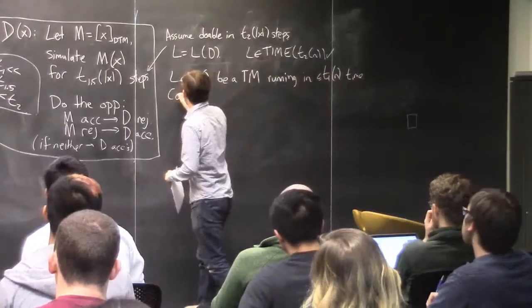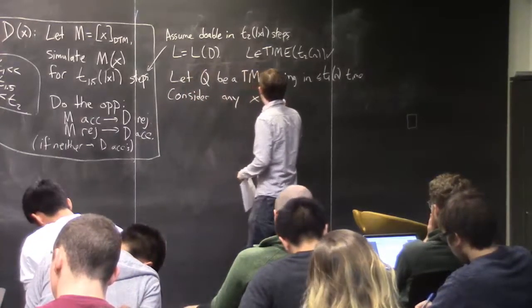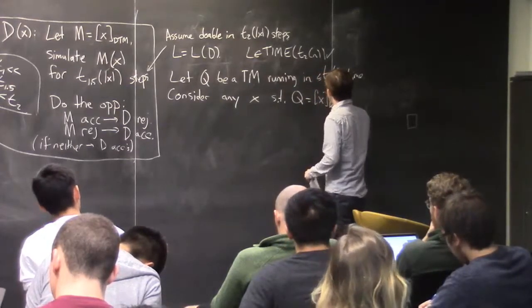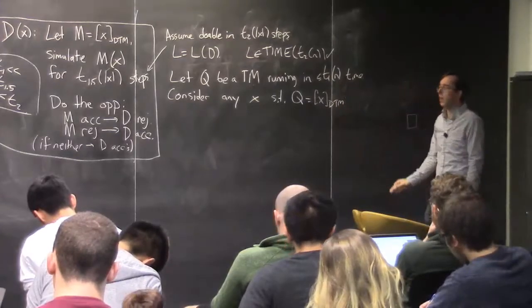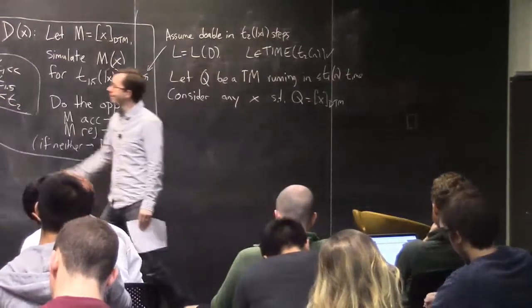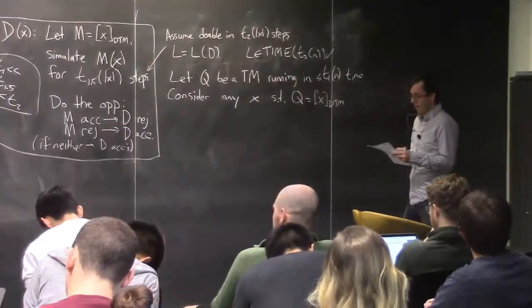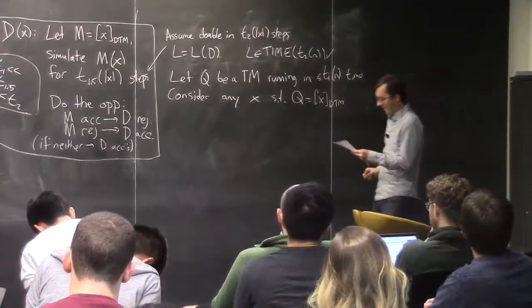So consider any X such that Q is the encoding of X. We said before, one fixed Turing machine might have several encoding strings. That's fine. Just take any string that is an encoding of Q. There's always at least one. And let's see. Oh, I hope I can end the proof right here. That would be perfect. Cool.